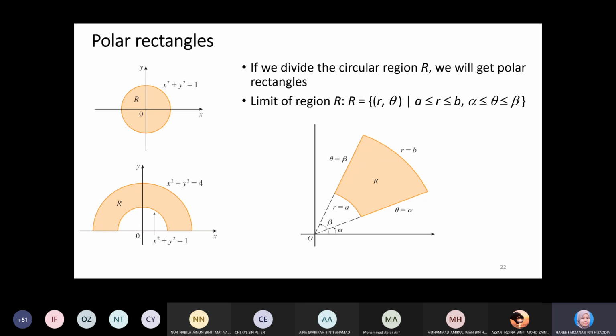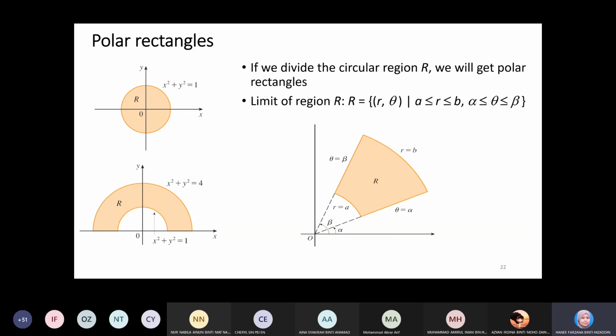Okay, so now if we divide the circular region R into sections of a circle, sectors of a circle, we can get polar rectangles. So what is a polar rectangle?